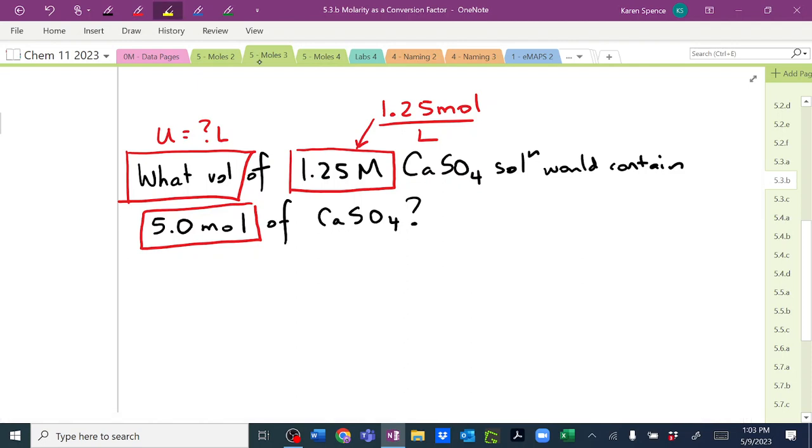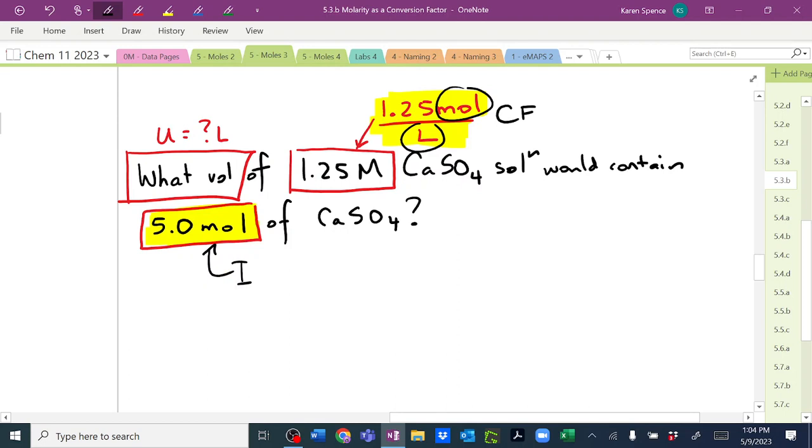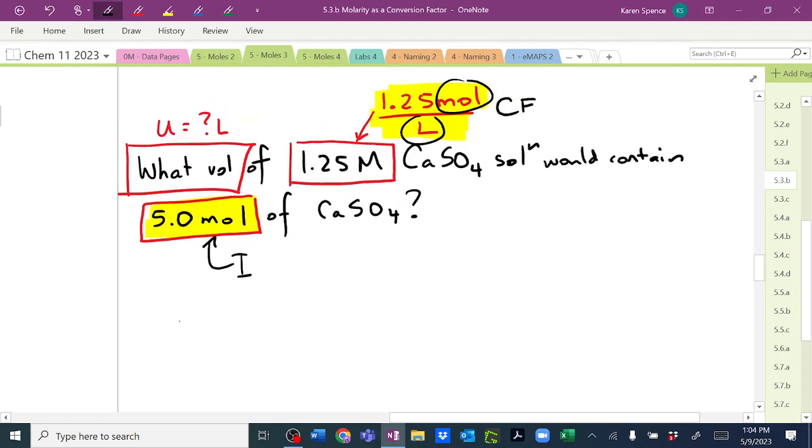So which of the two yellow things is the conversion factor and which is the initial quantity? Yep, that's our conversion factor because we have a unit over a unit, and that means that this one is our initial quantity. So our unknown is equal to the initial times a conversion factor.